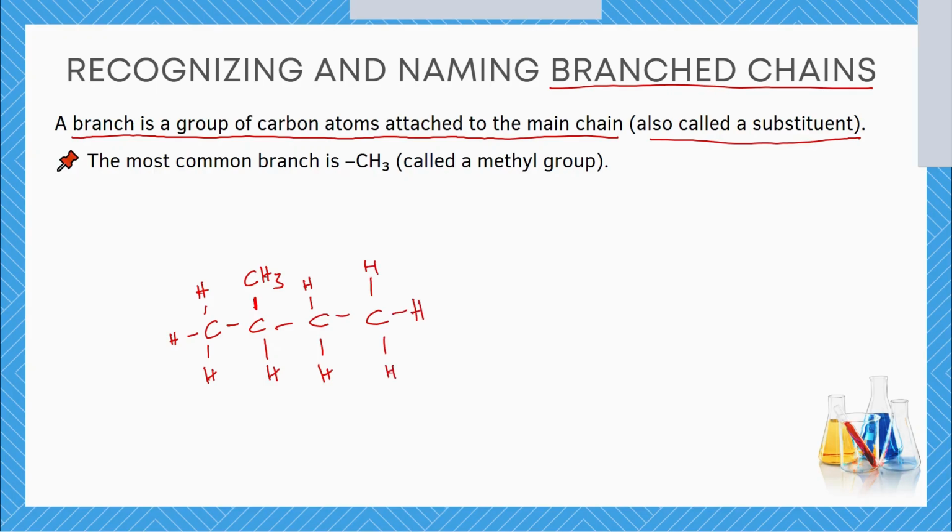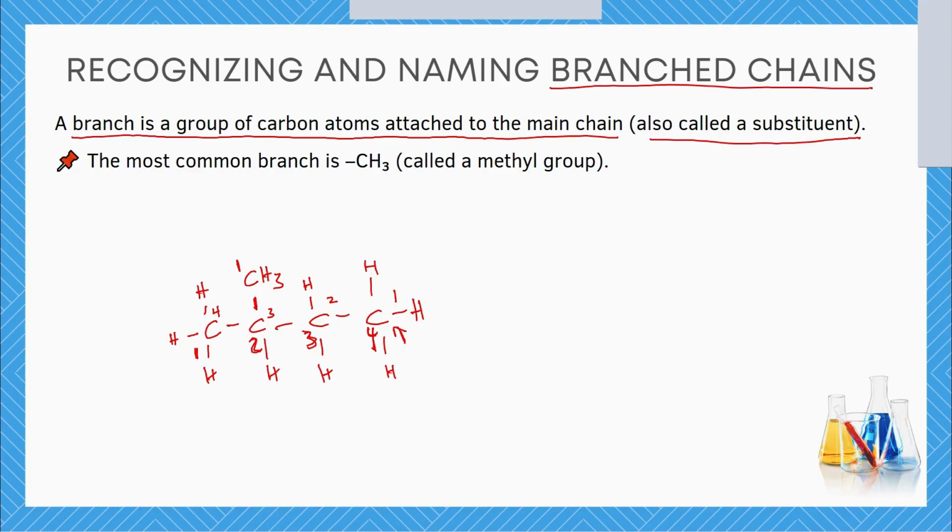Now, if I ask you to identify for me the longest continuous chain, there are a few ways you can do that. You can start counting from here and say 1, 2, 3, 4. Or you can start counting from here and you say 1, 2, 3, 4. Or you can start counting from here and you say 1, 2, 3, and 4.